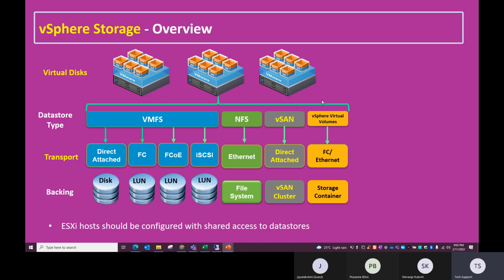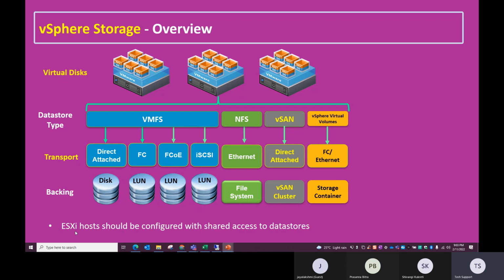But when we present it to the ESX host, the file system will be formatted with a vSphere Virtual Volume format. Okay, so this is about the vSphere storage overview. Today we will deep dive into NFS, and the subsequent sessions will deep dive into VMFS and vSAN. This is only the basic overview of vSphere supported datastores.